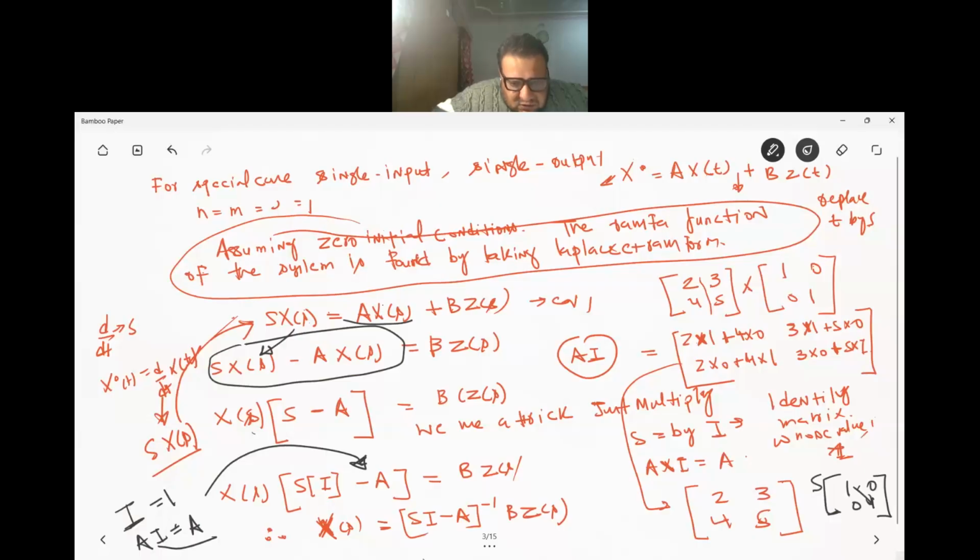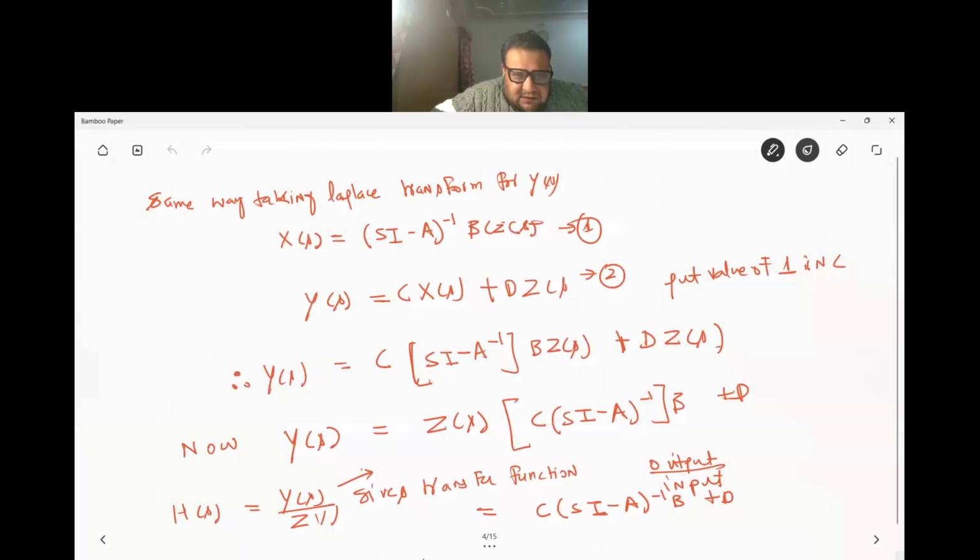Now, if I want the value of x of s, I can write (sI minus A) times x of s equals B z of s, so it becomes an inverse of this and B z of s. So x of s is equal to (sI minus A) inverse B z of s.